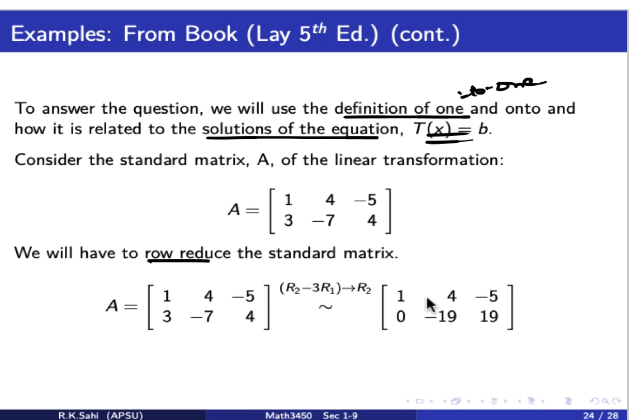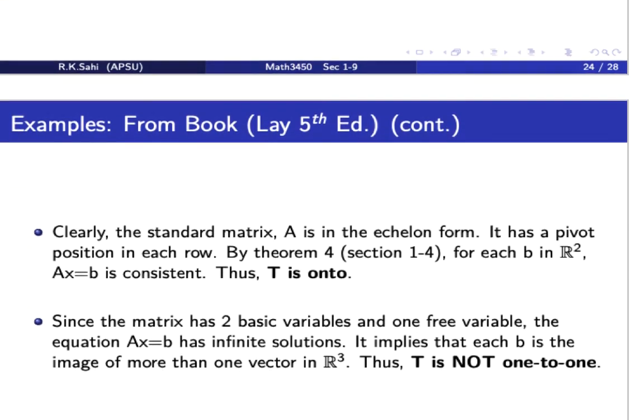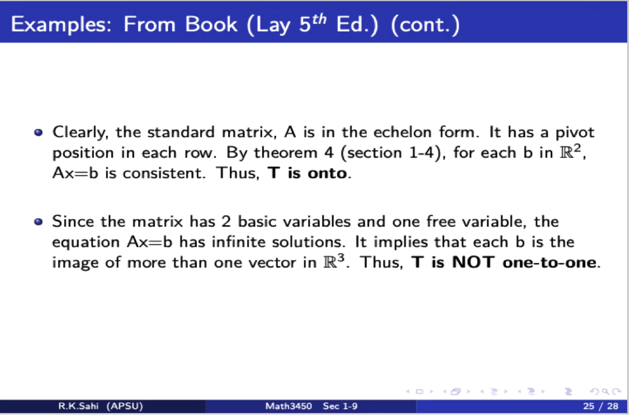When we do this, what do we see? We get a pivot in every row. Now, if you remember, if there's a pivot in every row, by theorem 4, what does that mean? That the system is consistent. And that's what the definition is saying, that if it is consistent, for every b I have a solution. That means if there's a pivot in every row, thus T is onto.